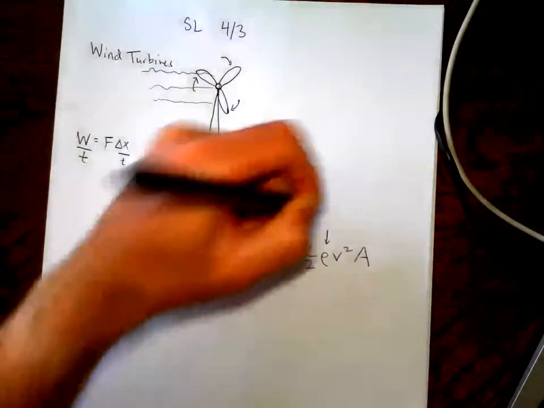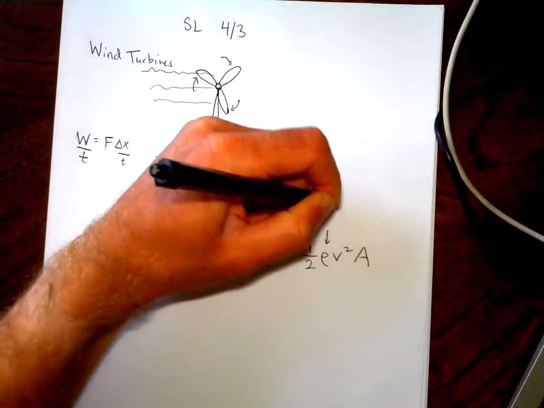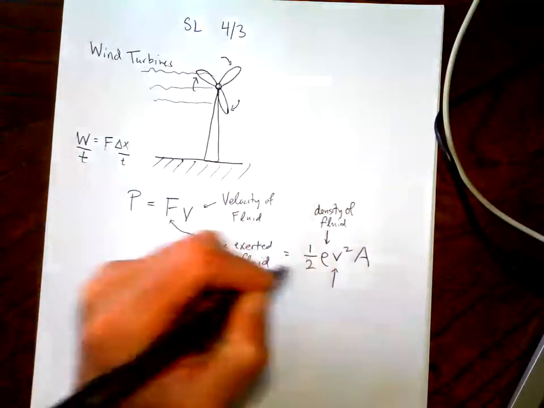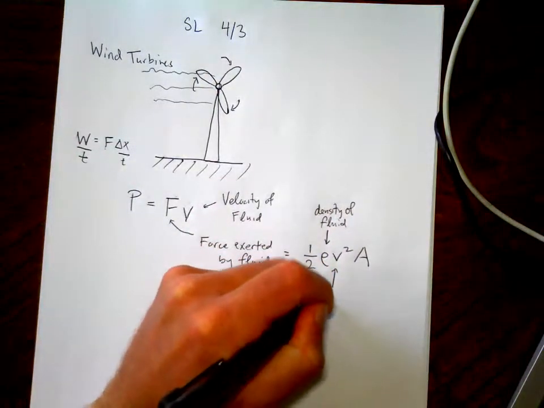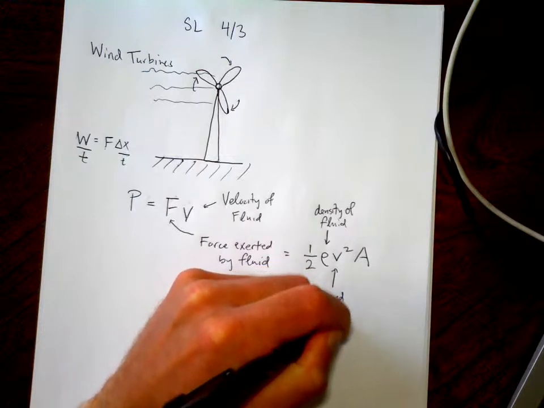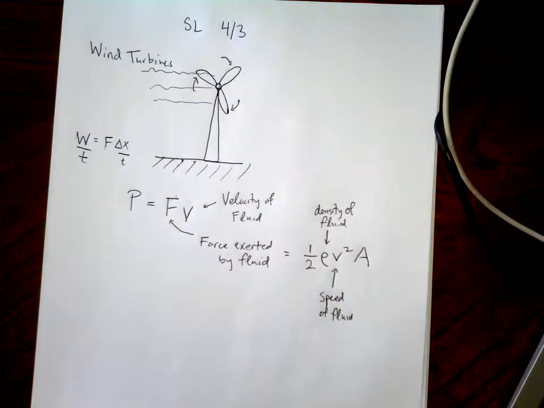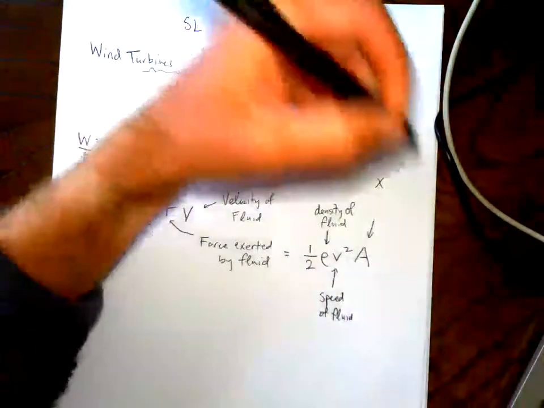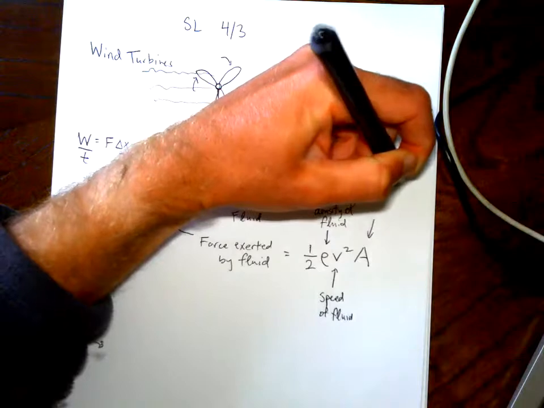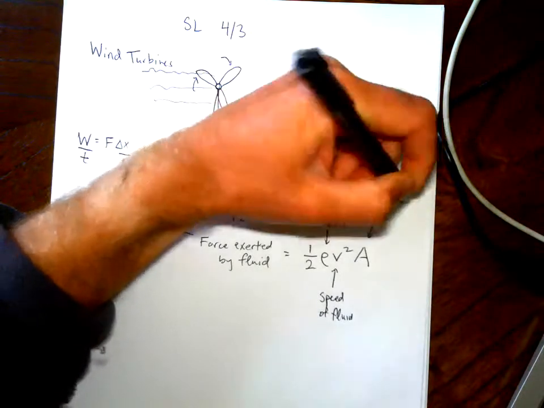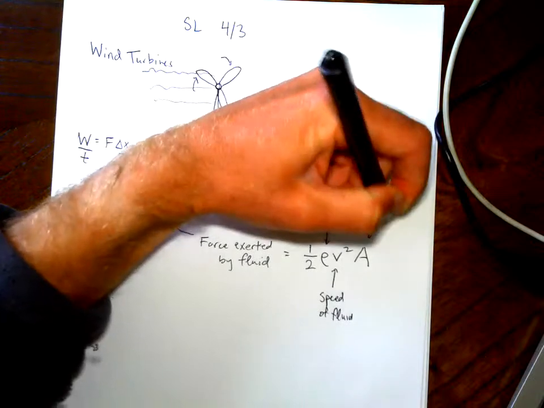Rho is the density of the fluid. V is the speed of the fluid. And A is the cross-sectional area of the fluid flow.